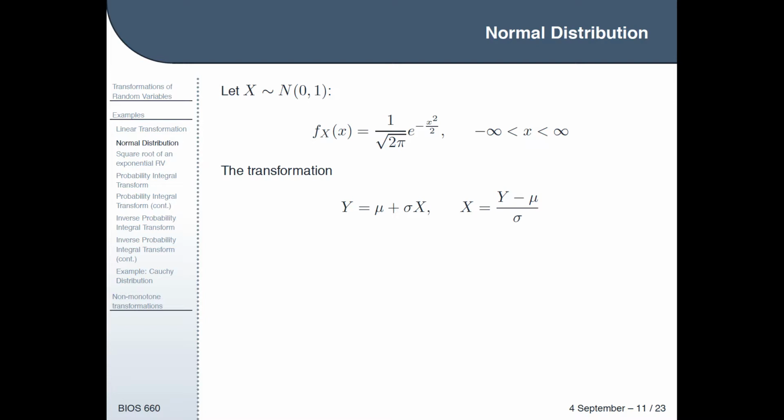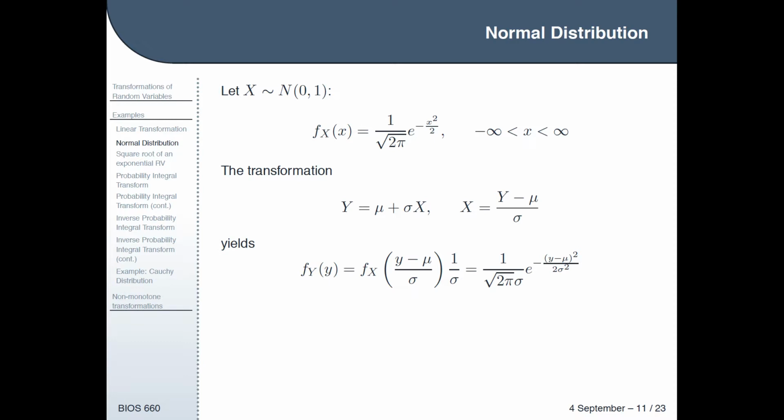Obviously, the inverse transformation here is y minus mu divided by sigma. So, the density function for y will be the density function of x evaluated at y minus mu divided by sigma, times the derivative of this expression for x here, which is of course 1 over sigma.